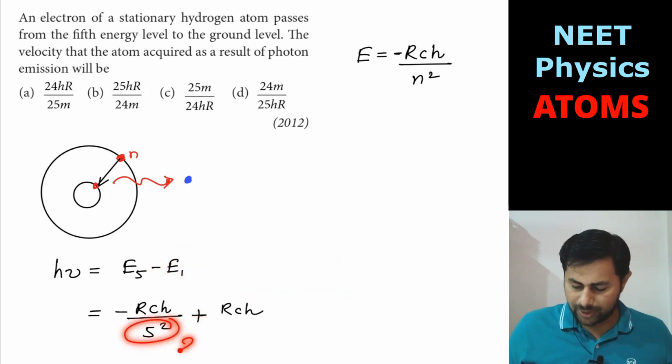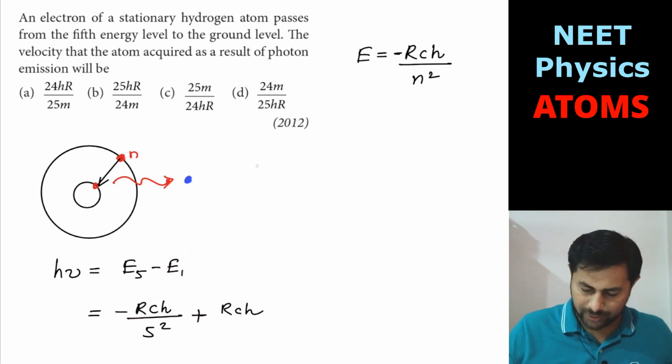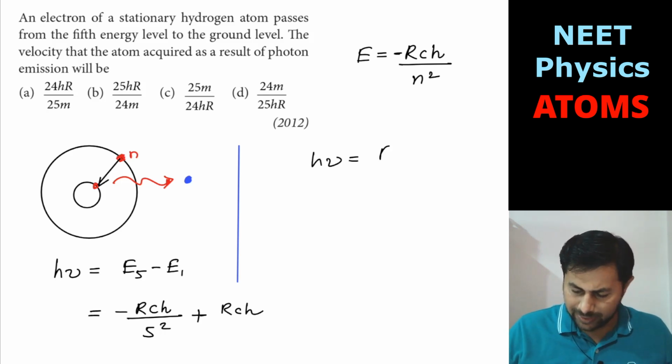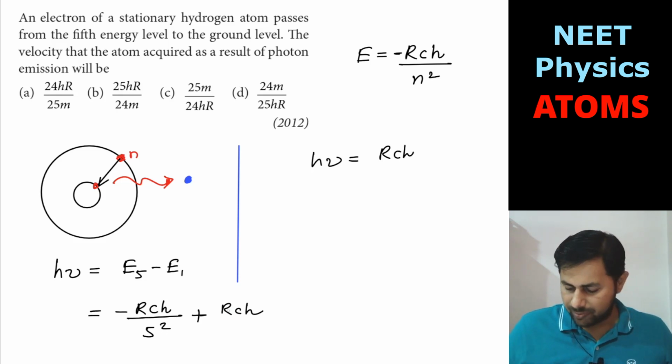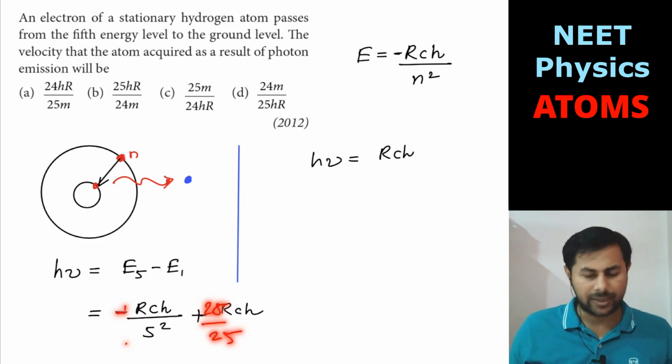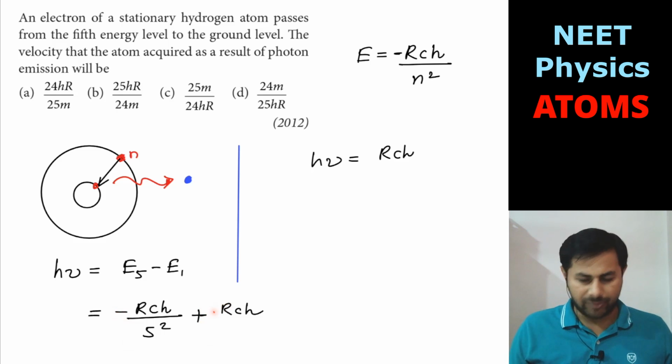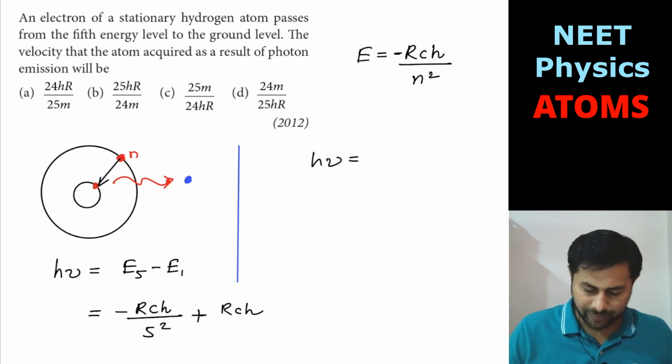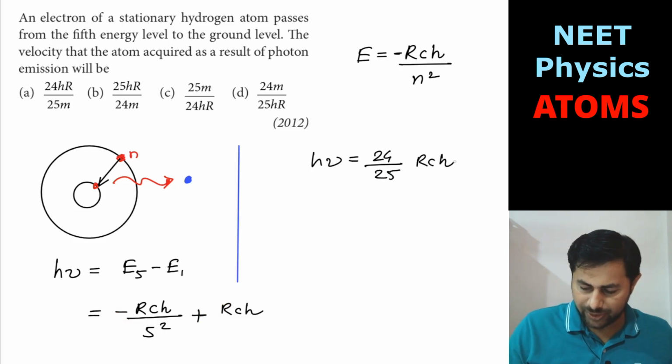So you have h nu equal to RCH times 25 by 25 minus 1 by 25, which is 24 by 25 times RCH.